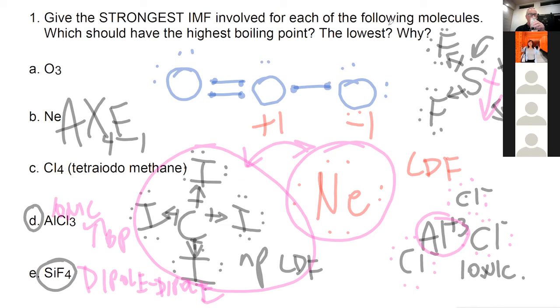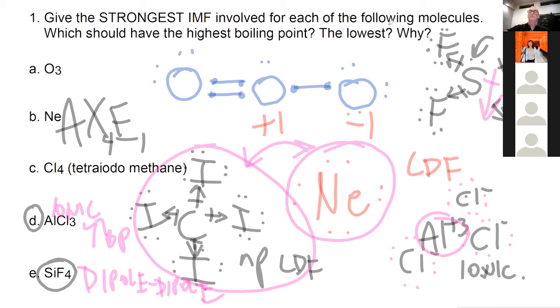The longer it is, right? Because tetraiodo, that means that it's longer than the neon. Basically, it's bigger. The bigger a molecule is, the more electrons it has. And the more electrons it has, the larger you can cause these dispersion forces.